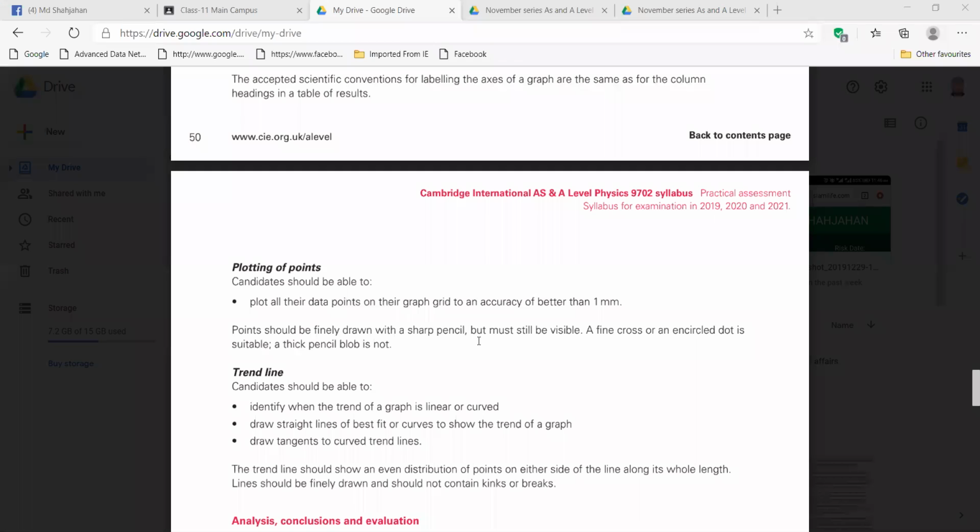Sometimes it happens that we are not plotting the points exactly where the mark should be, maybe it is a little bit far away from the exact point. So they gave a limit here, that your point shouldn't go away more than 1 millimeter.